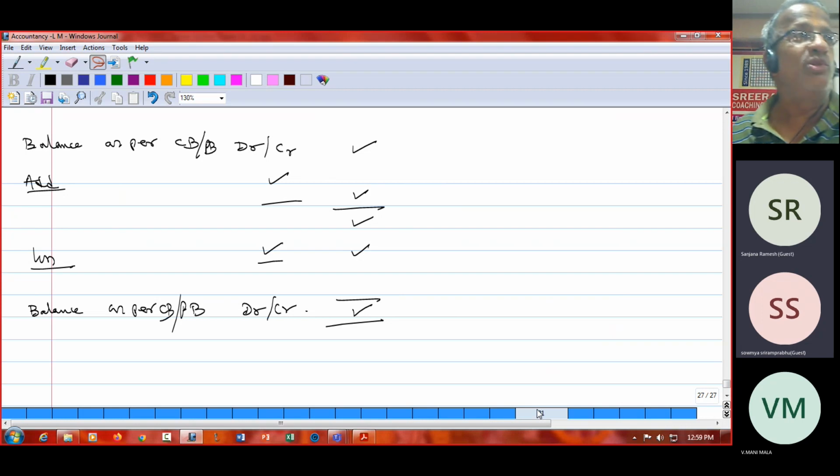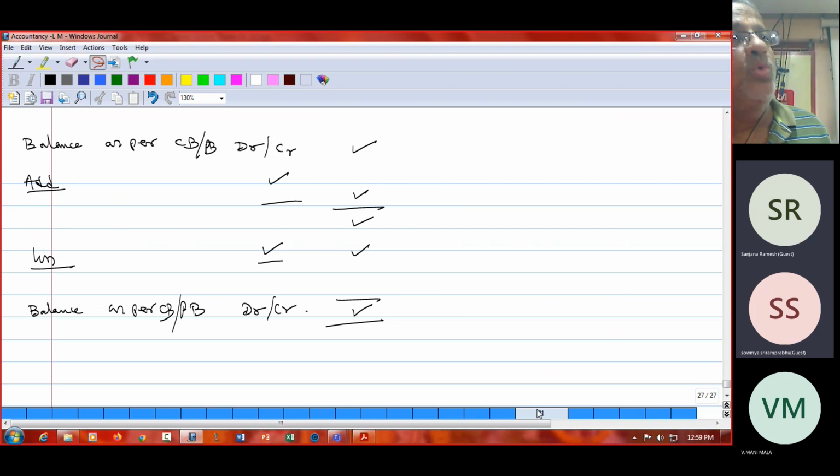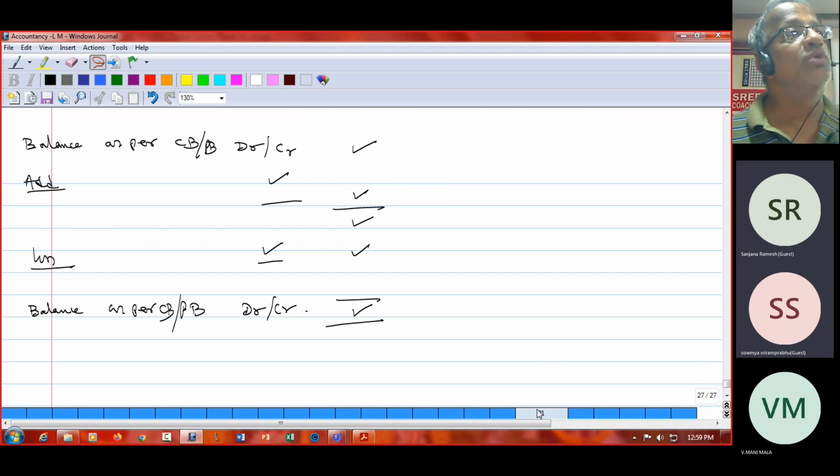On what basis do you decide that it should be added or deducted, Shreya? Any ways through which you were learning about items to be added and to be deducted? How would you know that an item is to be added? On what basis do you conclude that this adjustment has got to be deducted in the reconciliation statement?